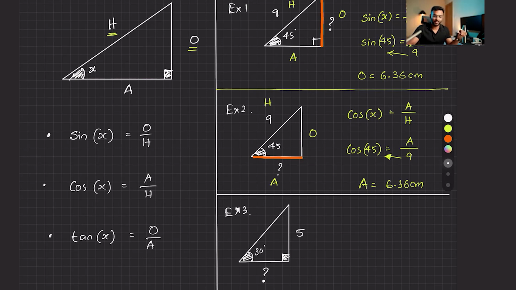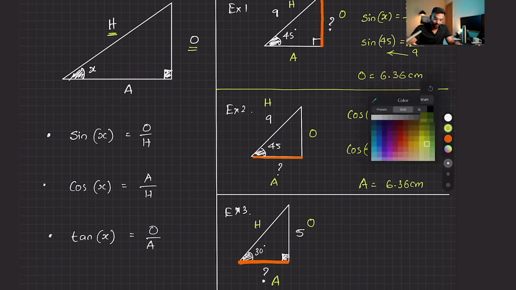There's no H in this case. So what is the missing side now? The missing side is the bottom itself, but what is given to you is O, and H is not involved. Which ratio would involve O and A, guys? Tan. Do you see how we choose between them?